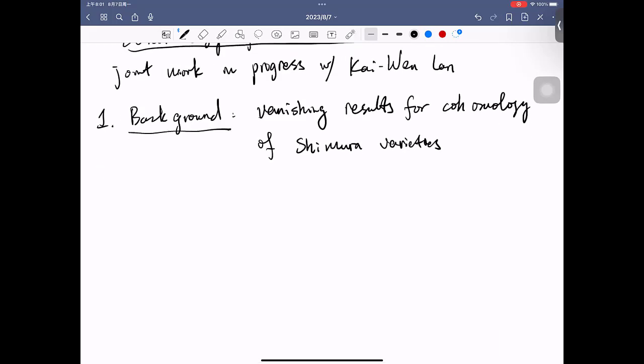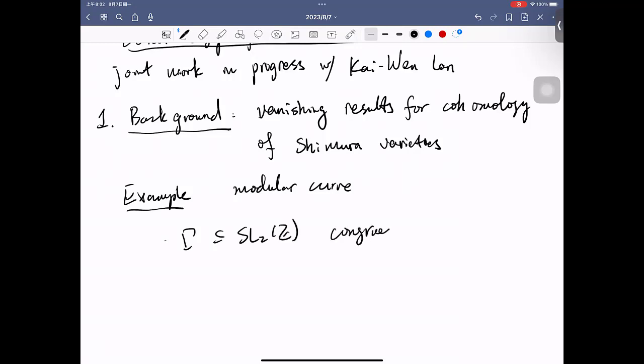So let me just discuss the example in the simplest case, but already it sort of tells you a lot of things. Just in the case of modular curve. So let gamma be a congruence subgroup of SL2(Z).